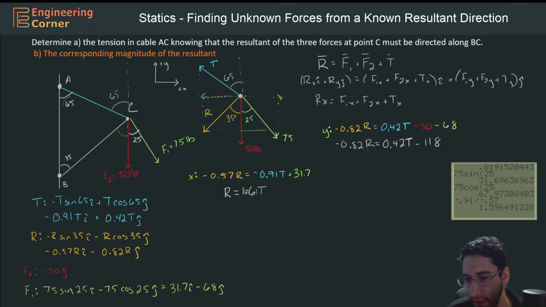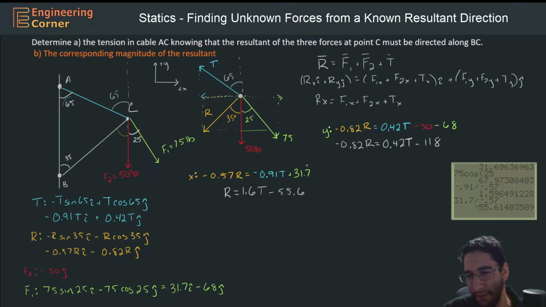And then we'll have this 31.7 divided by minus 0.57. And this is equal to minus 55.6.